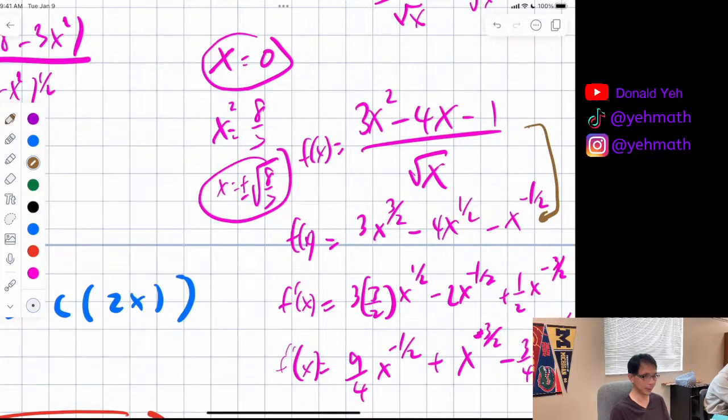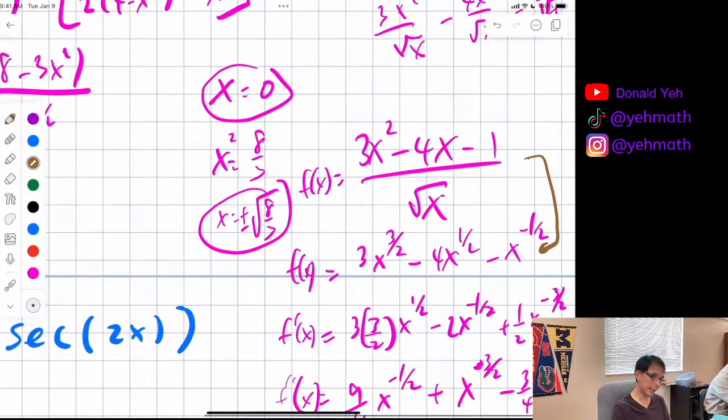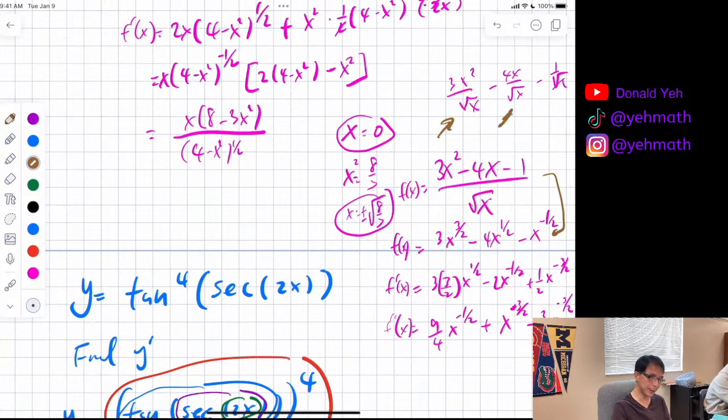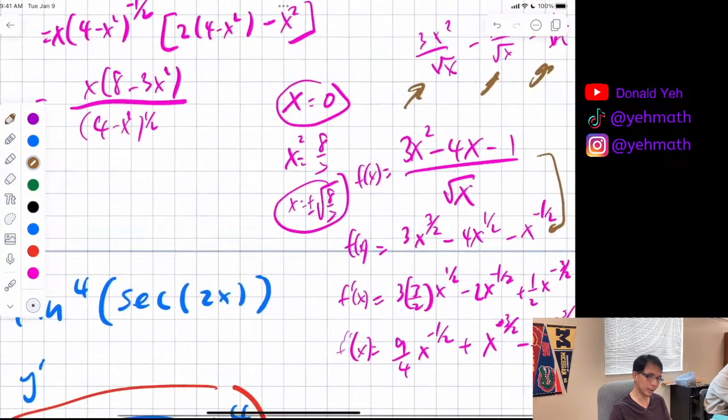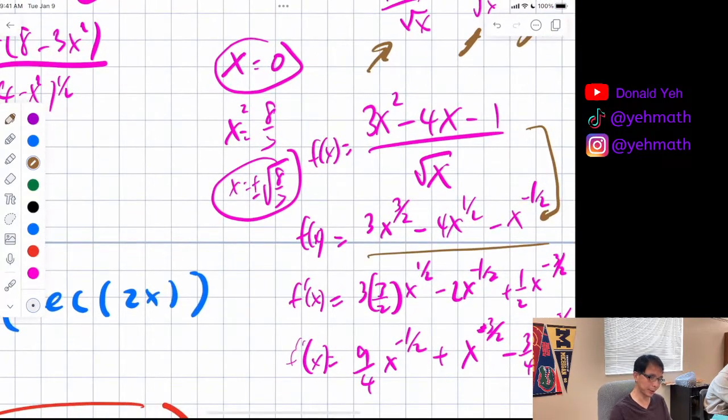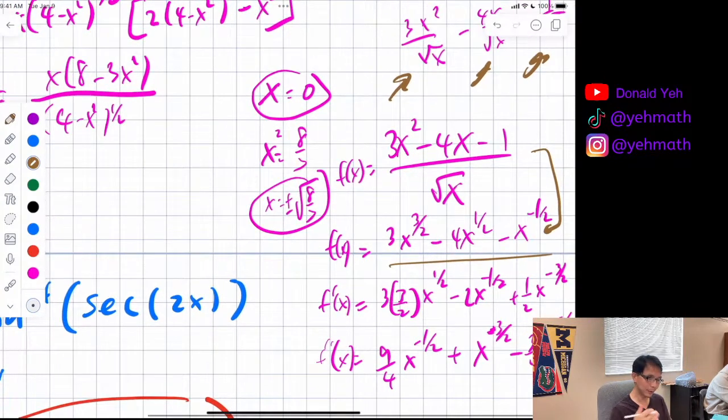This is not taking the derivative, because I can split individually like this, and then simplify. I'm going to get down to here. Now I'm going to take a derivative, and then take a derivative again. I just do power rule twice. It's much simpler, and you don't have to do a lot of work.